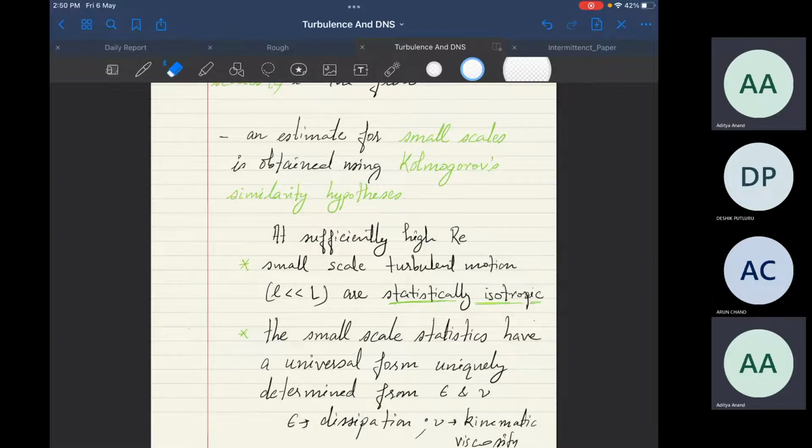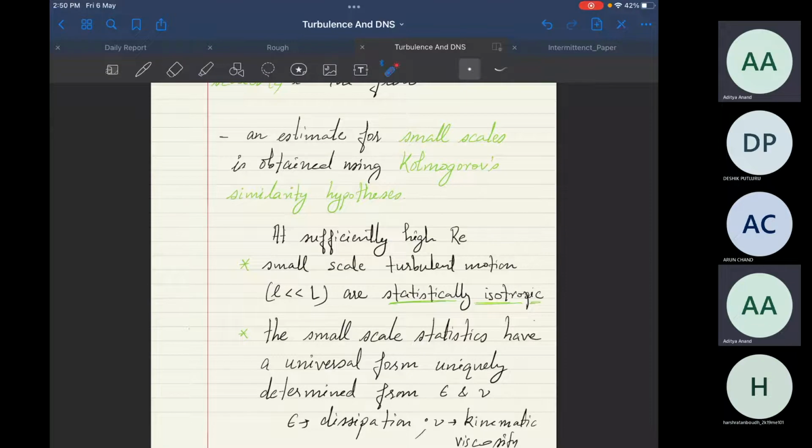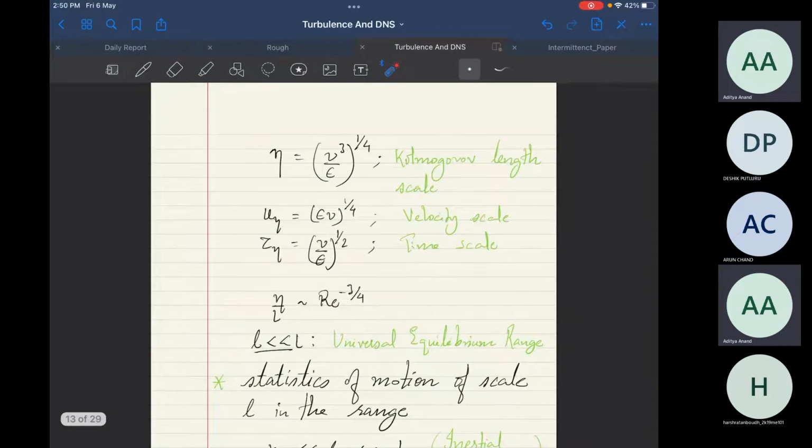The Kolmogorov hypothesis says that your small scale statistics will depend only on this dissipation. So from these two quantities, using similarity analysis, that is dimensional analysis, we can estimate a scale for these small scales. I hope you all are familiar with dimensional analysis itself.